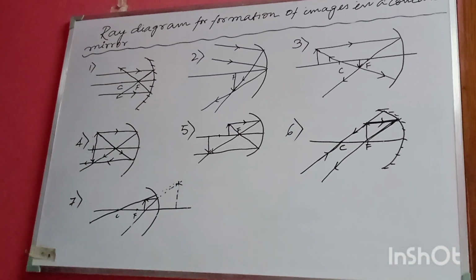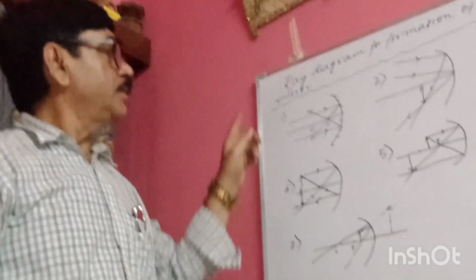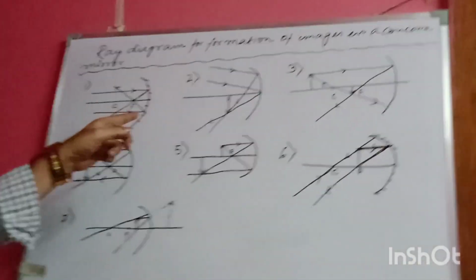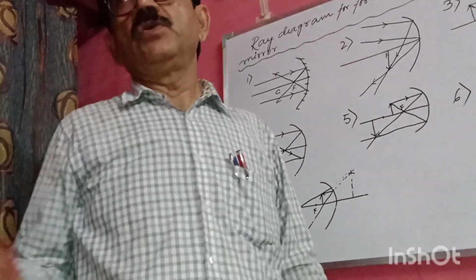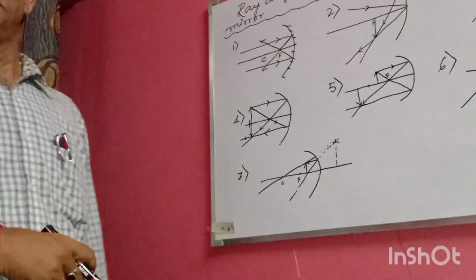Next point: if a ray of light moves through the center of curvature, it bounces back along the same path.